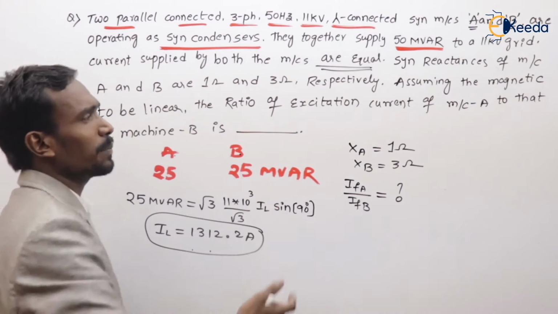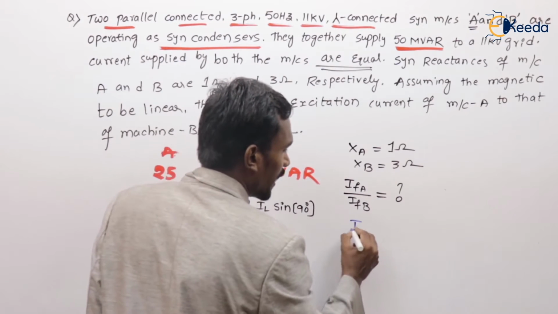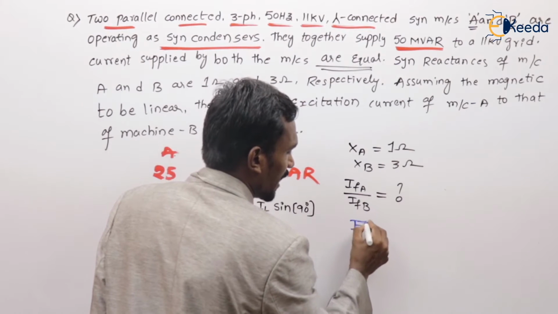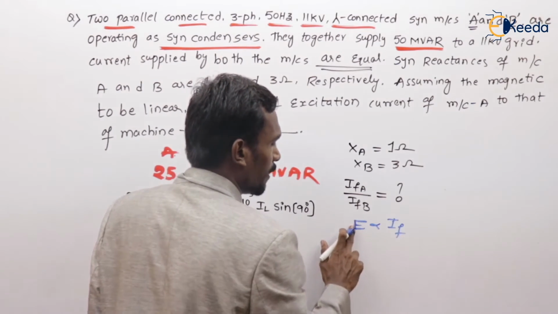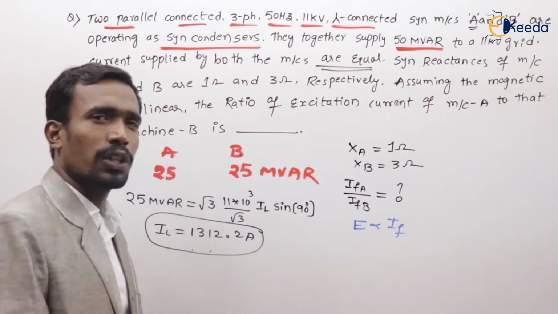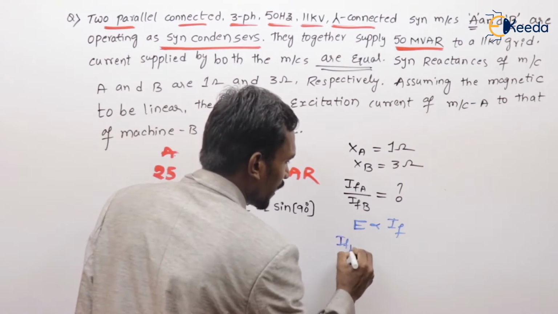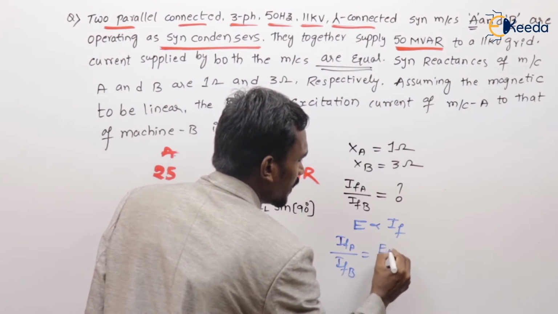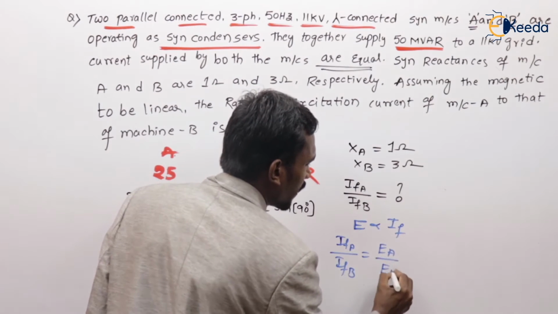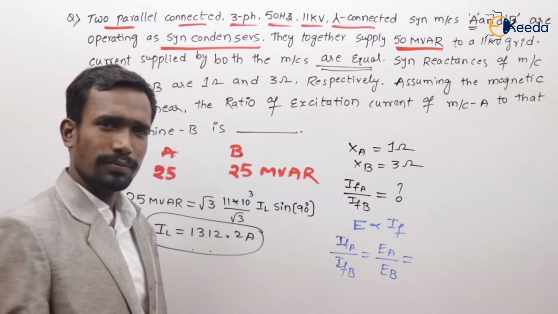Actually, there is no direct way to find IF, but we know the field current is directly proportional to the induced EMF. So IFA to IFB is nothing but EA to EB, and this is what we have to find out.